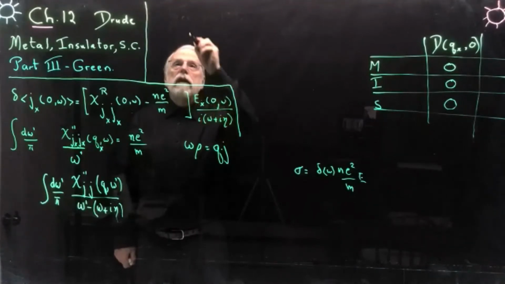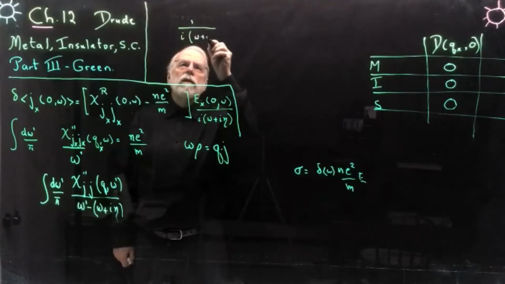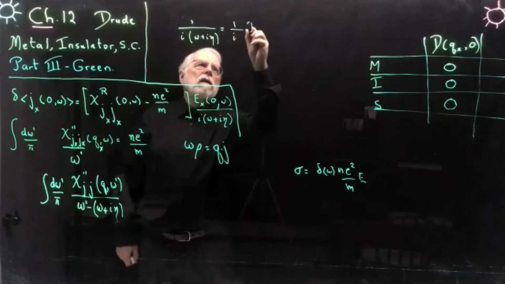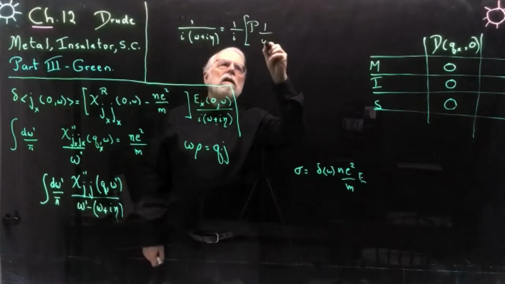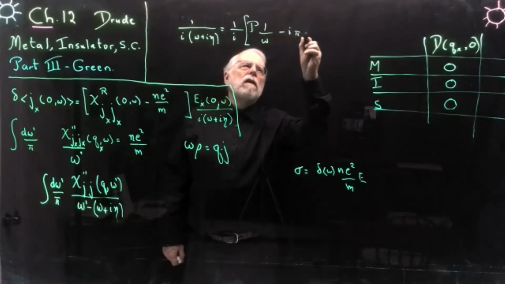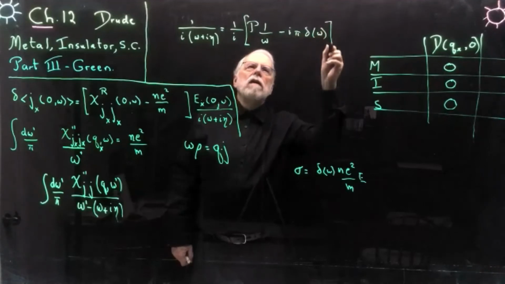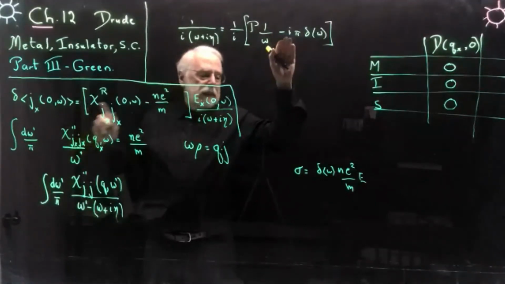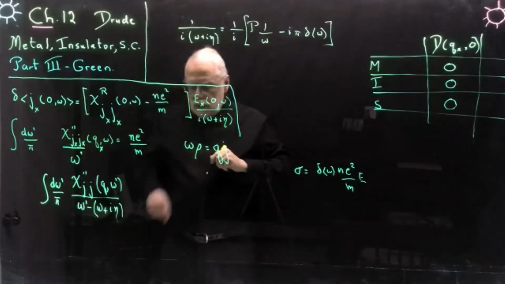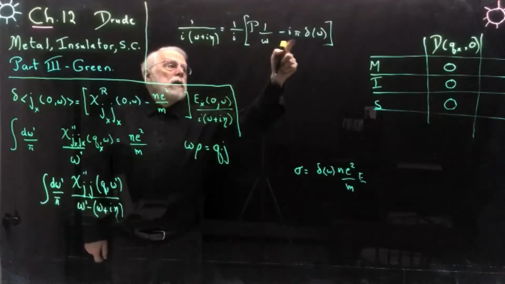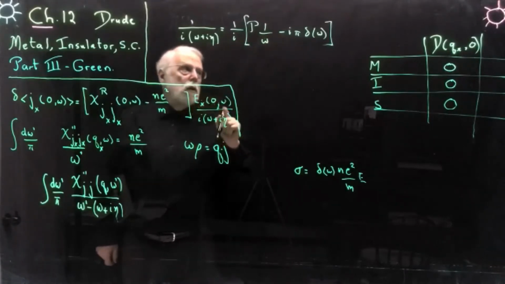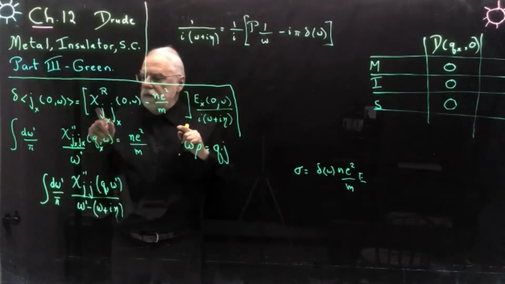So I get 1 over I omega. Okay, so there is a Drude weight, which comes from this. The two cancel. So I get a delta function if I take the real part here.